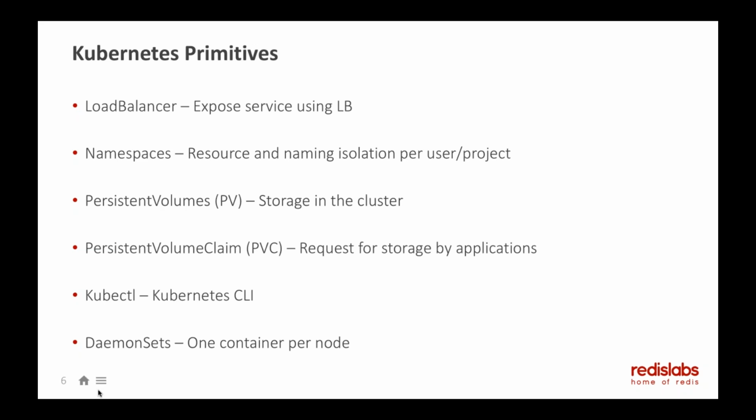Another advantage of Kubernetes is it allows you to have namespaces. The whole idea and concept behind namespaces is it allows you to create multi-tenancy and resource and naming isolation. You can define it by user, by business unit, or by project.